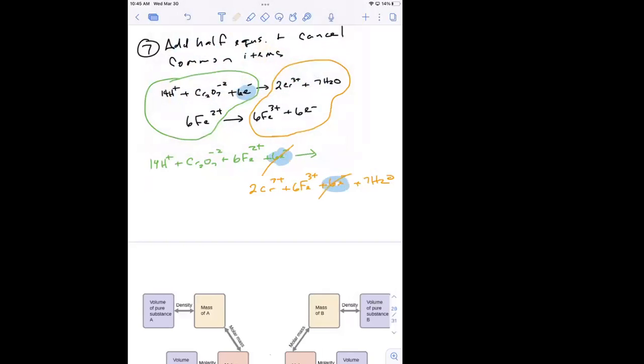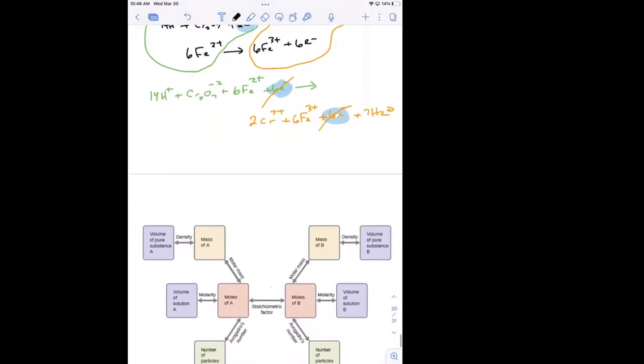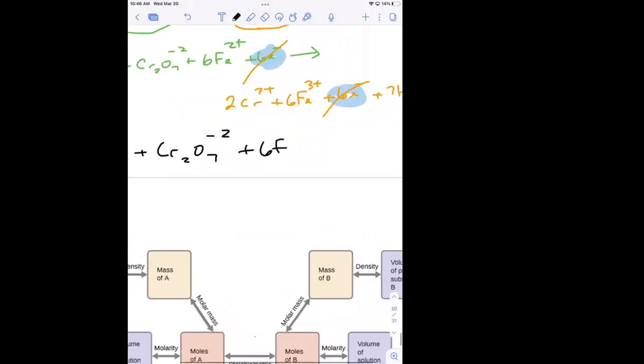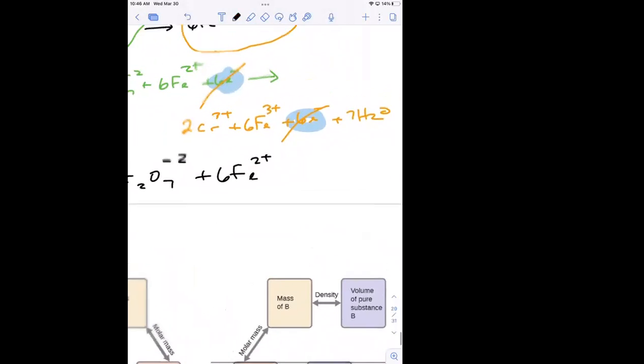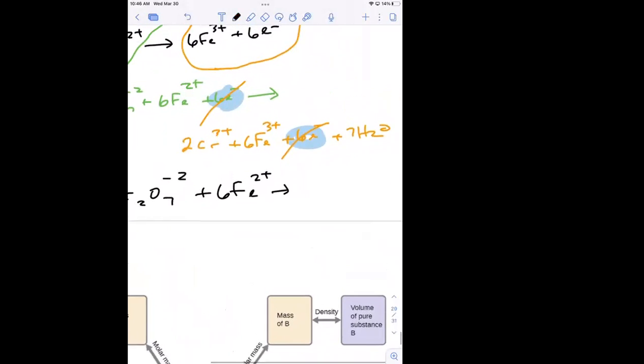Common to both sides. And then we're going to write the final redox equation like this: 14H+ plus Cr2O7 2- plus 6Fe2+ yields 2Cr3+ plus 6Fe3+ plus 7 H2O.